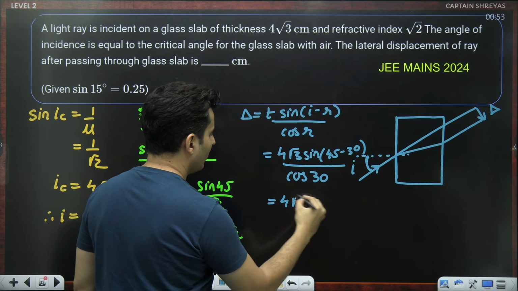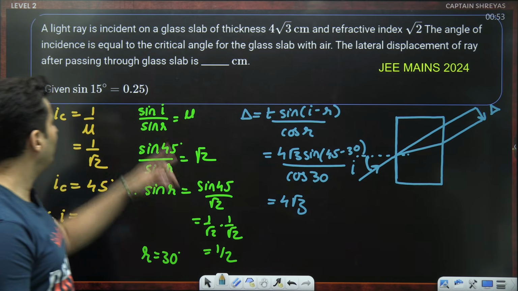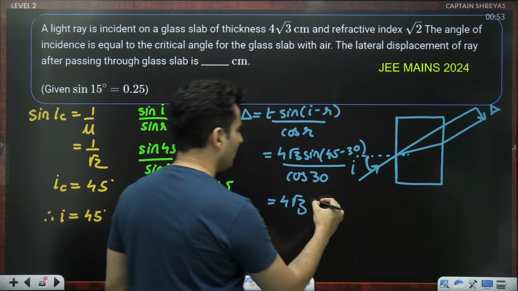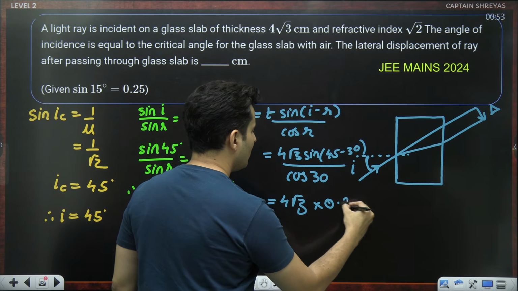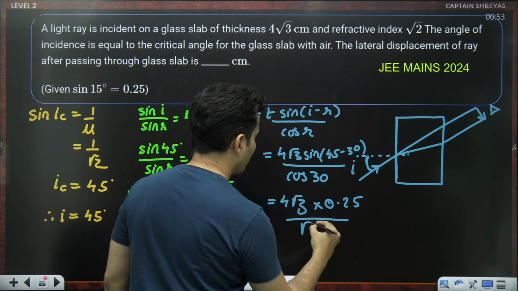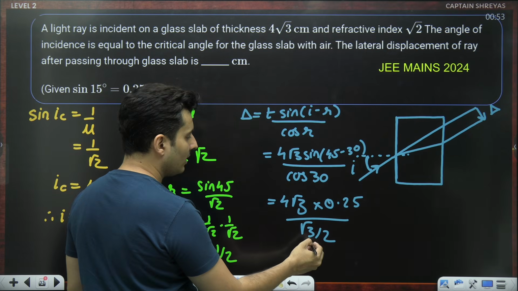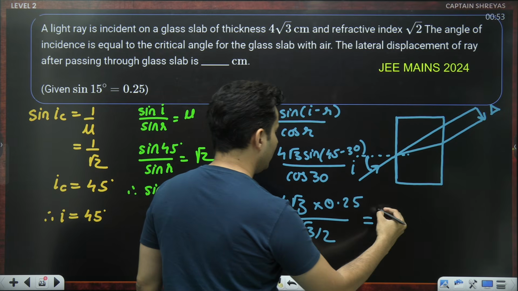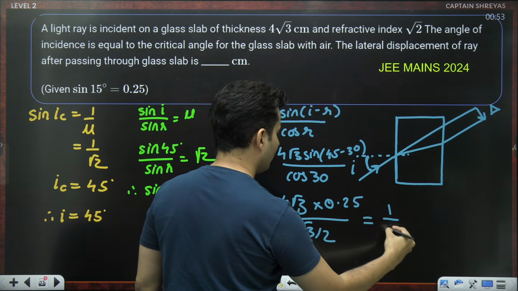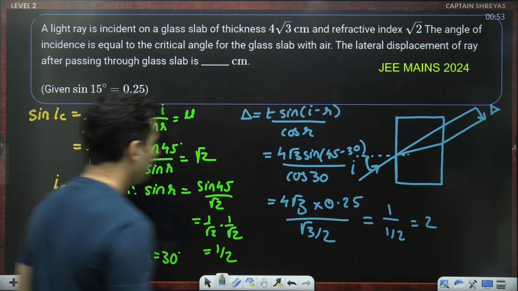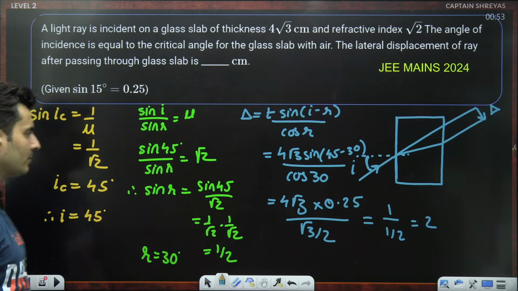Okay, so 4 root 3, 45 minus 30 is 15, sine 15 is 0.25. Cos 30 is root 3 by 2. Root 3 cancels. 0.25 into 4 is 1. So 1 by 1 by 2, which is basically 2. So the answer is 2. Yes, that is perfect.